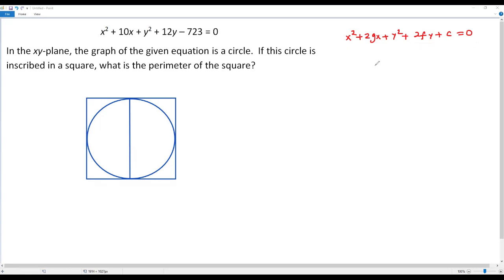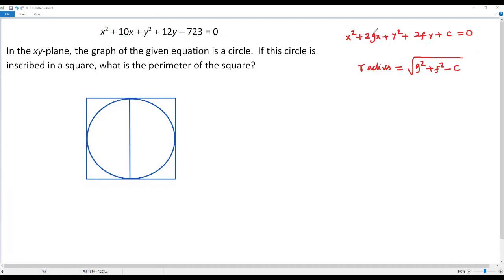When we have the equation in general form, there is a formula to get the radius, that is the square root of g² + f² − c. We can get the values of g, f and c from the coefficients of x, y and the constant term c. Now let's compare the given equation of the circle with this one.